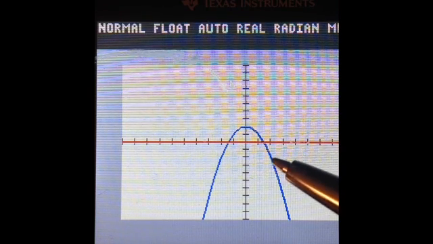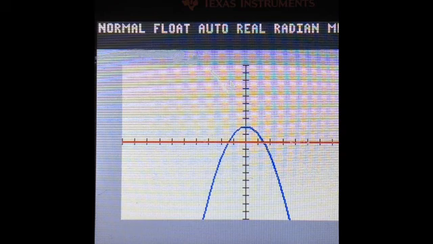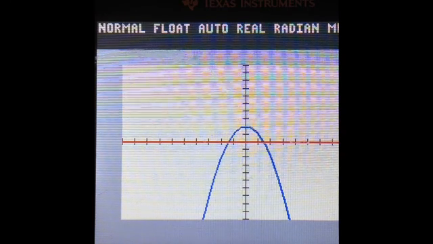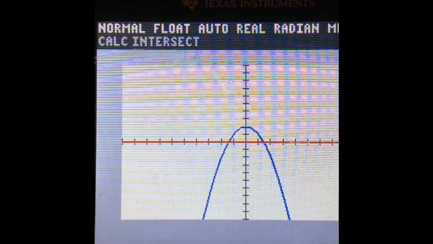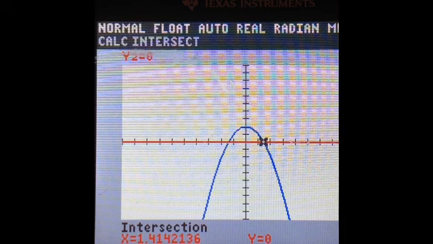So you're going to have to split these up as 2 intervals. So let's find out what the intersection point is. So it's at 1.4142136.